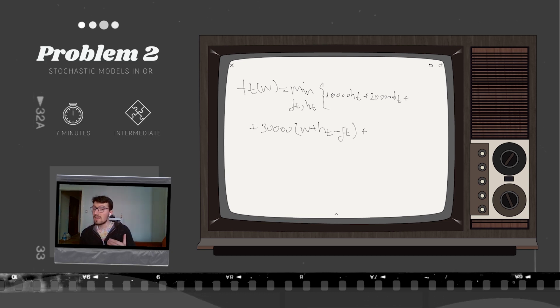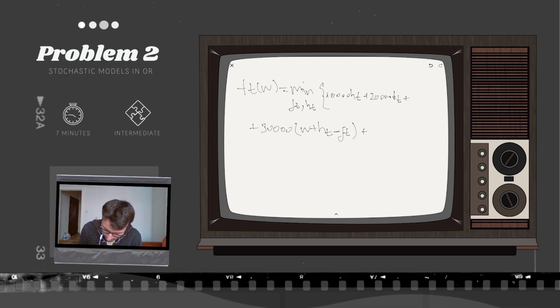But now we need to think about the future. How many workers will you have in the future? I will have plus f_{t+1}. So in the next year, I will have this many workers.